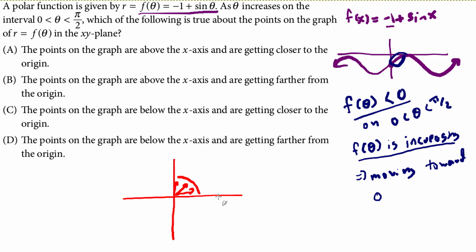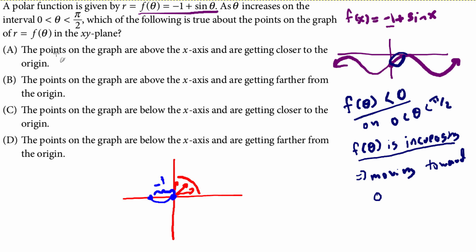However, since I'm negative, when I point to the right and take a negative step, I actually end up to the left. So this will be the distance of -1. And since I'm negative but increasing, I will move towards 0, and I'll get to 0 when I'm pointing up.